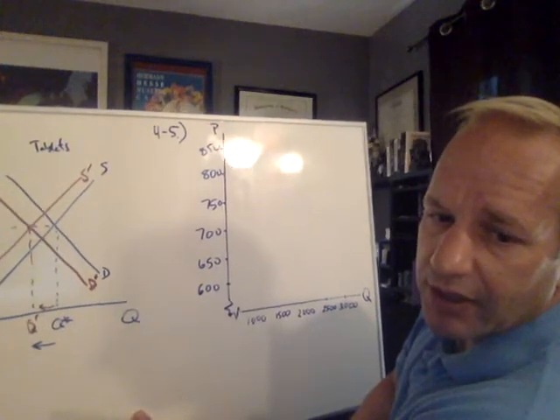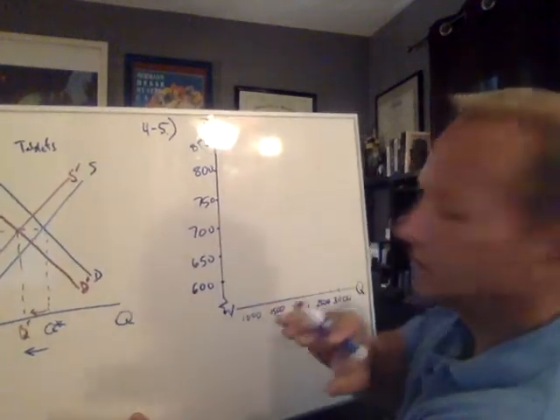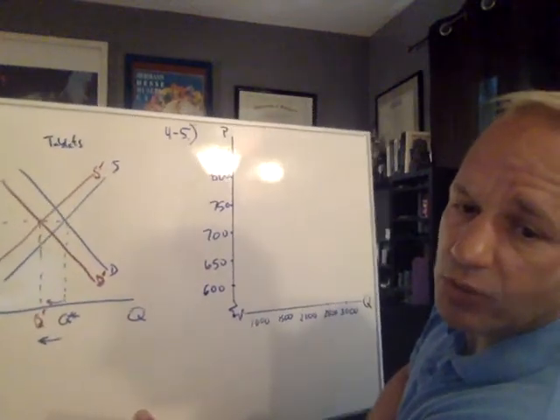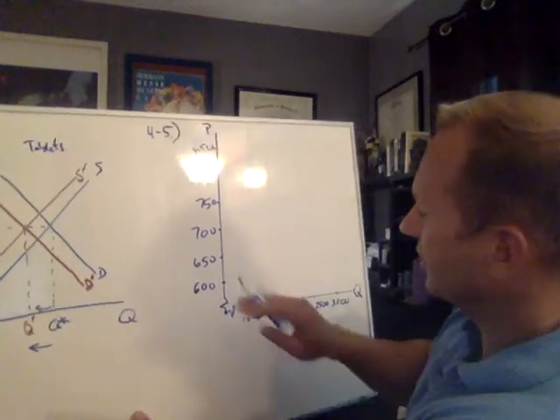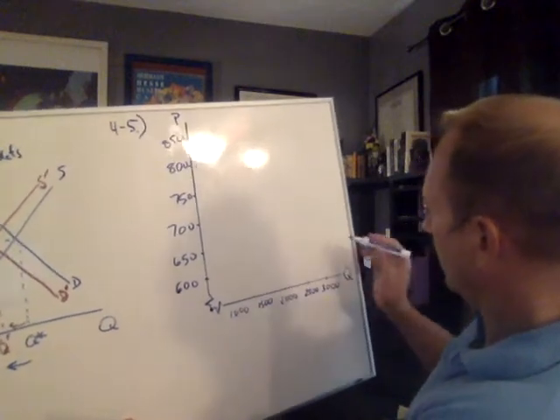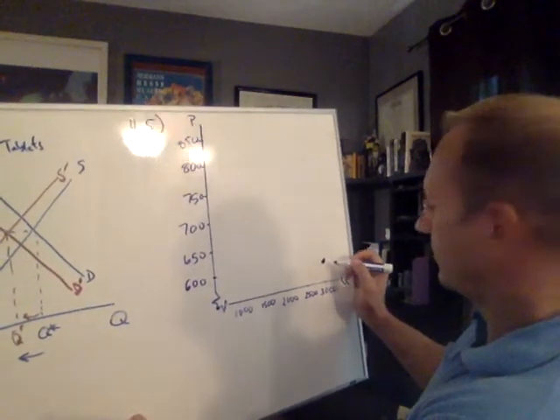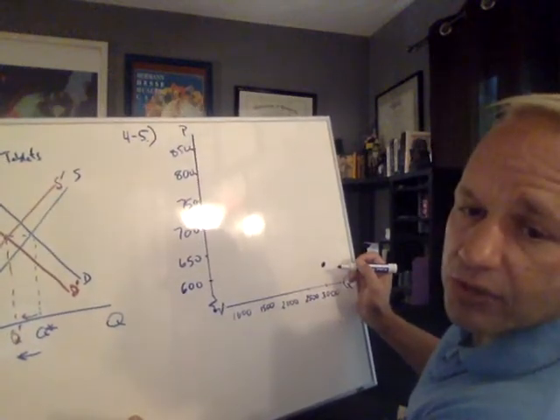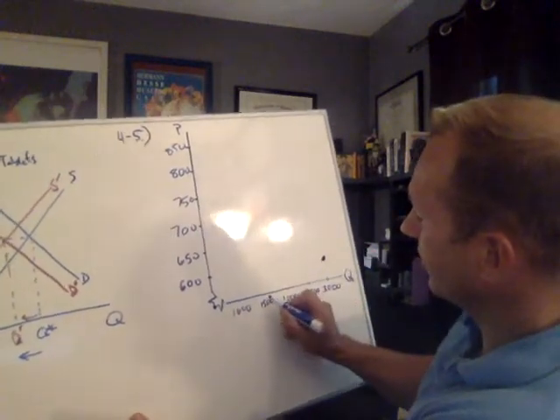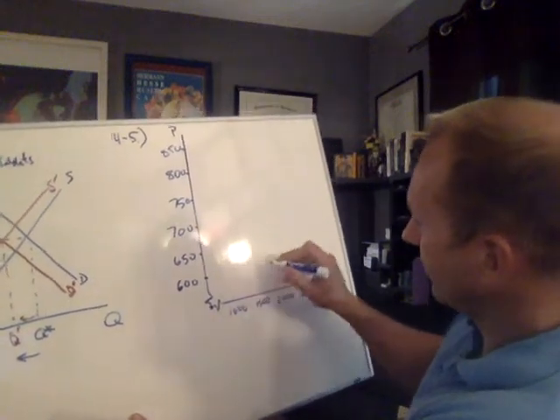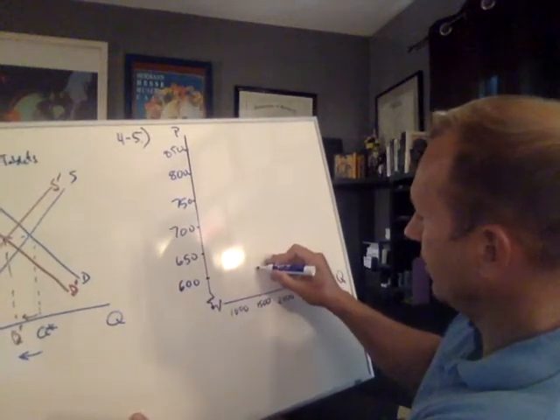So if I fill in this model with the data given in the schedule, at $600, the quantity demanded is 3,000 units. At $600, the quantity supplied is only 1,600 units. Well, that would be just to the right of 1,500, right? So at $600, 1,600 would be right about there.